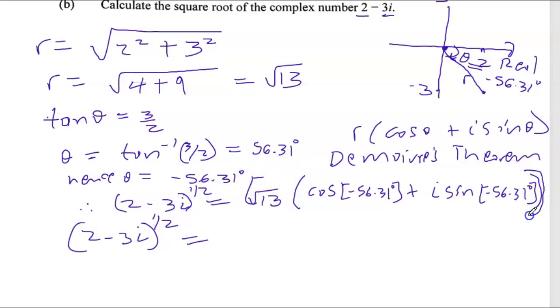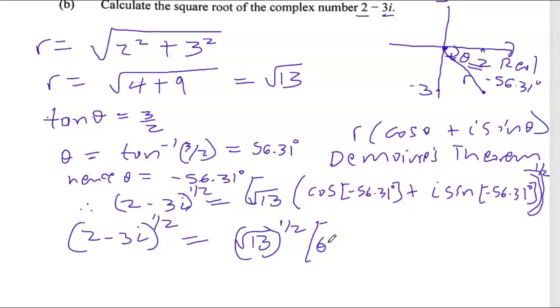But the thing about De Moivre's theorem, what it says about raising the polar form of a complex number to a power n, in this case n is a half, so it's root 13 raised to the power of a half. So we raise r to the power of n, in this case half, and then we multiply n, in this case half, times the angle, n theta.